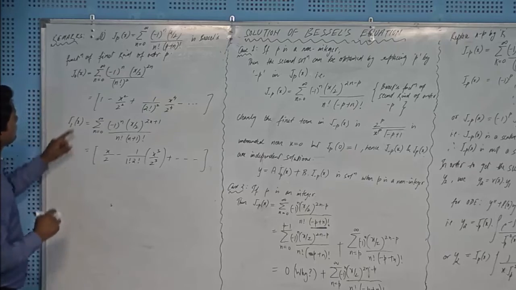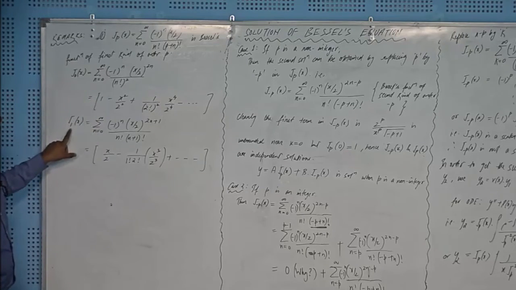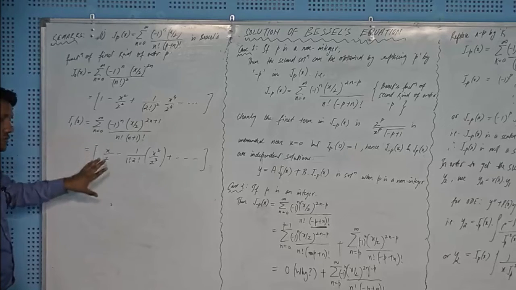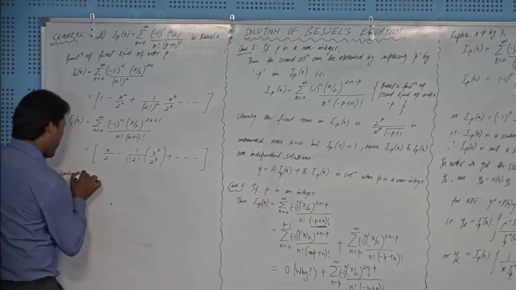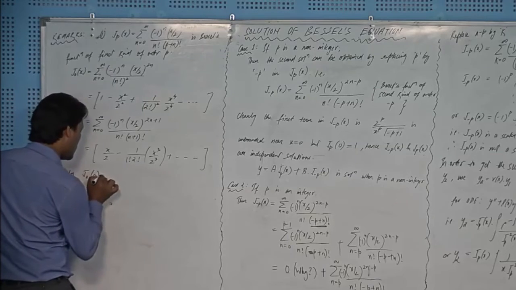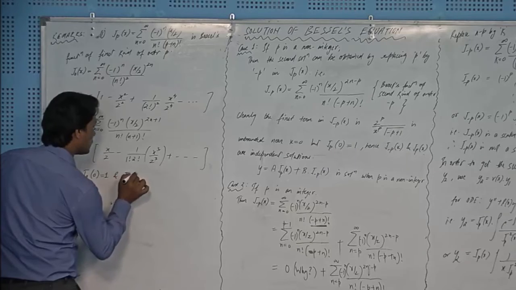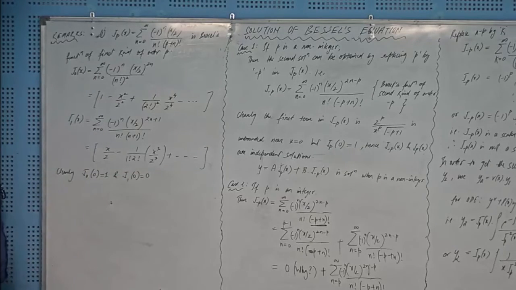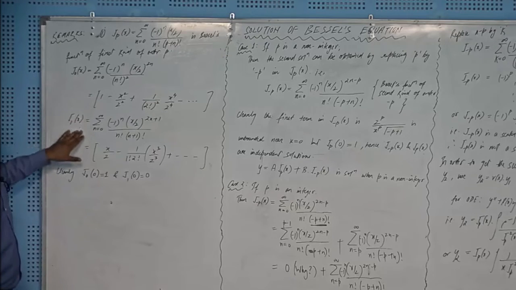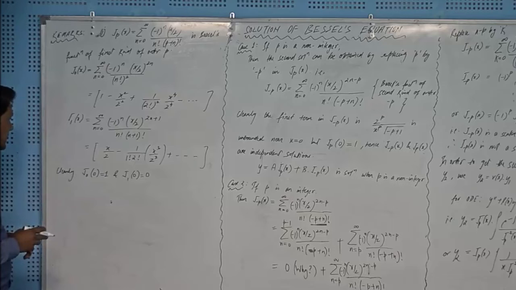And you can see that if you put x equal to 0 here, J0(0) will be 1, but J1(0) will be 0. Clearly, J0(0) is equal to 1 and J1(0) equal to 0. So actually I'm going to draw their graphs. These functions J0(x) and J1(x) are of practical importance as they are bounded.